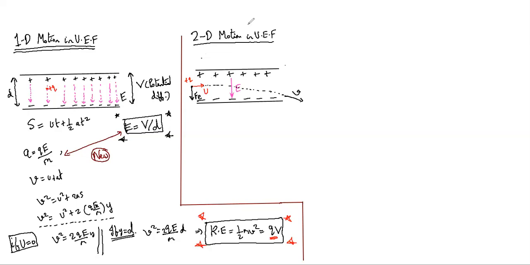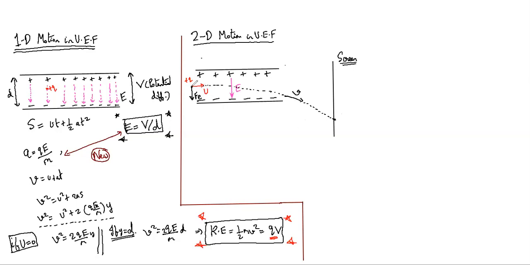Generally this charge is captured on a screen. यहाँ पे screen होता है. The charge goes like this and hits the screen to create fluorescence. ठीक है. More about this will come in magnetic field also. ठीक है, अभी के लिए देखते हैं.